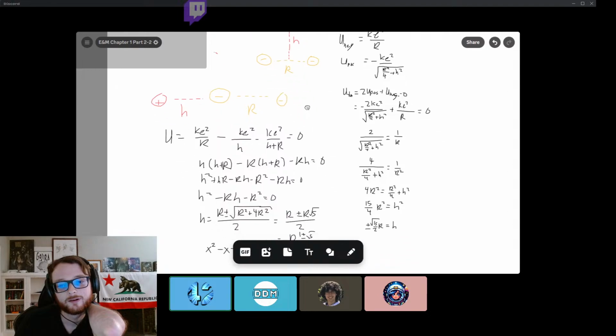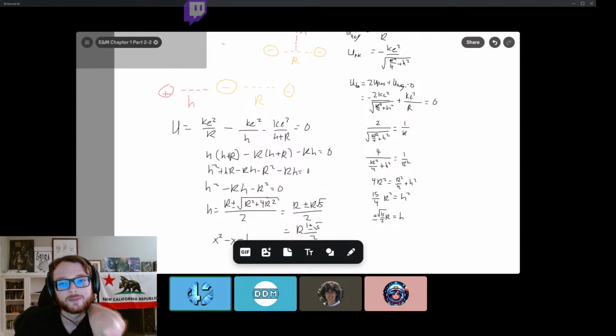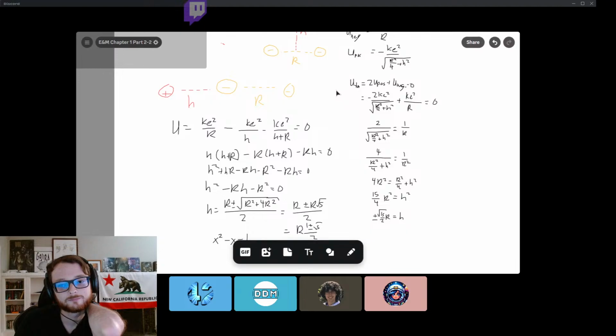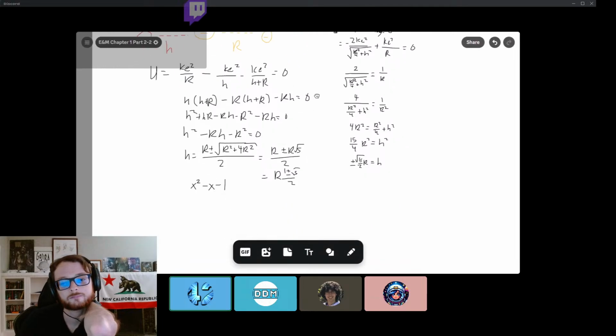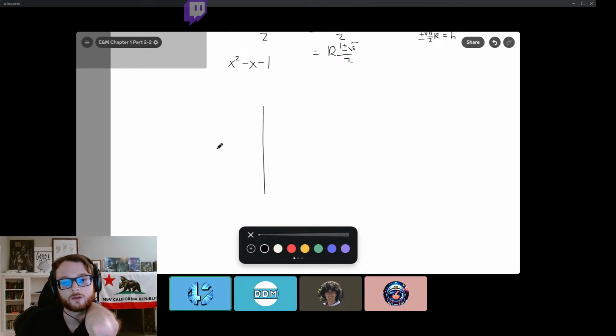So what we could do, if we wanted to, and I don't think we want to right now, is put the origin halfway between the two electrons, and let the coordinates of the proton be x, y, and do all this in terms of x and y. That's kind of what I did on Desmos.